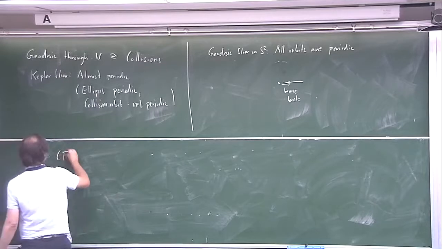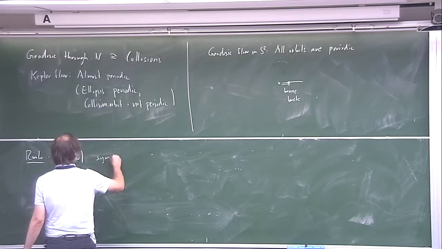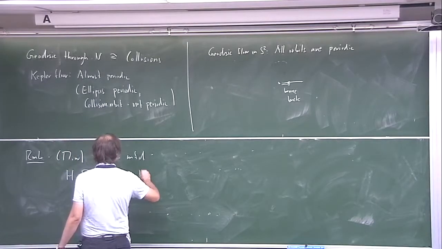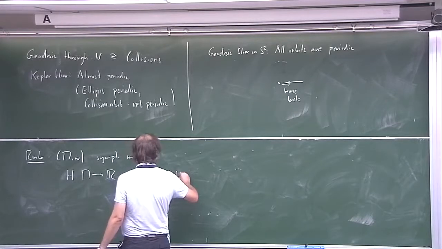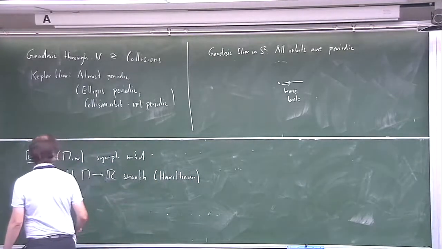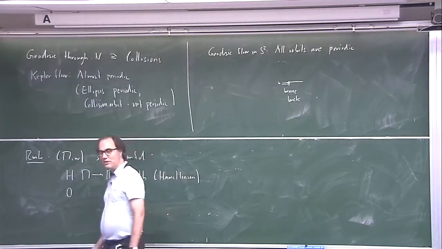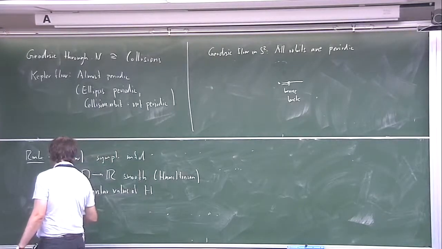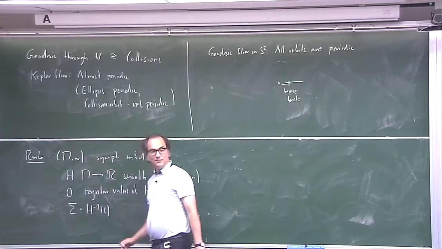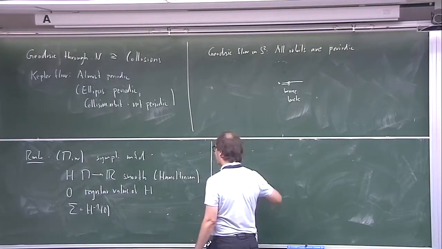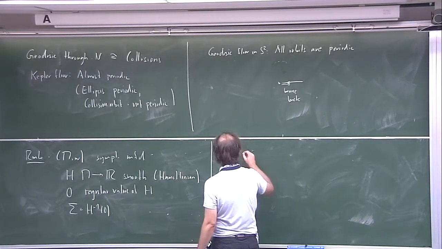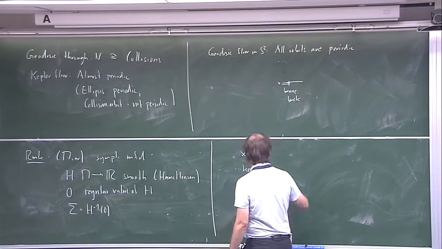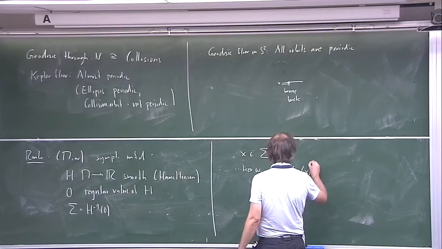Remark: if (M, omega) is a symplectic manifold, H from M to R is a smooth Hamiltonian, and zero is a regular value of H, and sigma is the level set, then if x is a point in sigma, the kernel of omega at x is spanned by the Hamiltonian vector field at x.